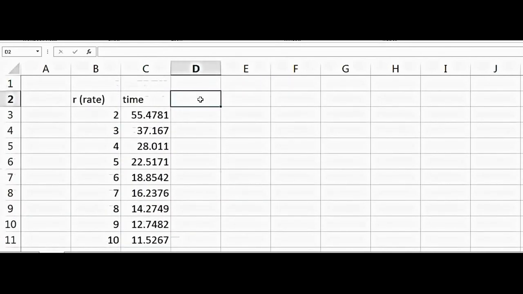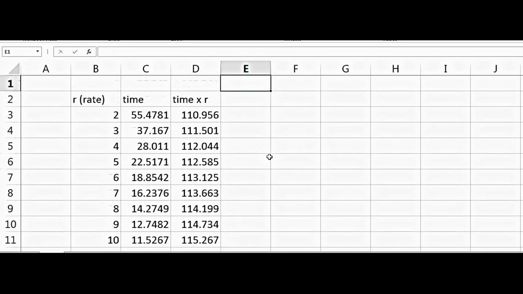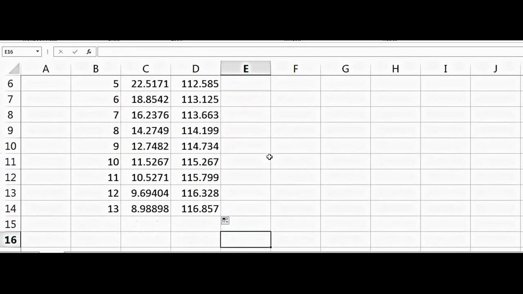So now if you multiply time with the rate, so that will be equal to time into rate. So this is equal to 110, which is very close to 115. So we can keep extending this, and you can see that all our numbers are very close to 115.